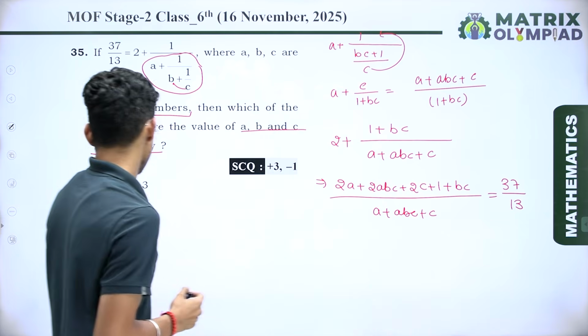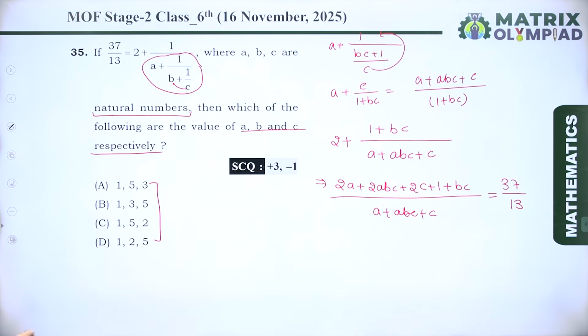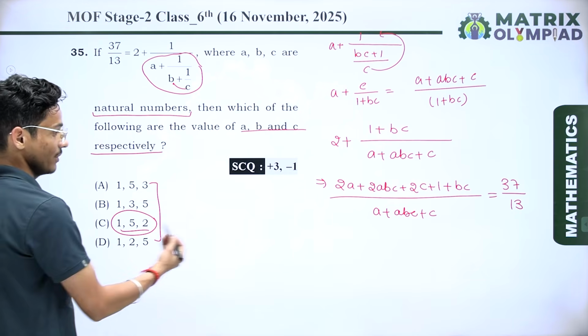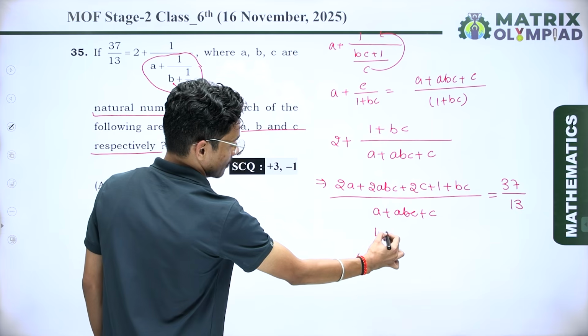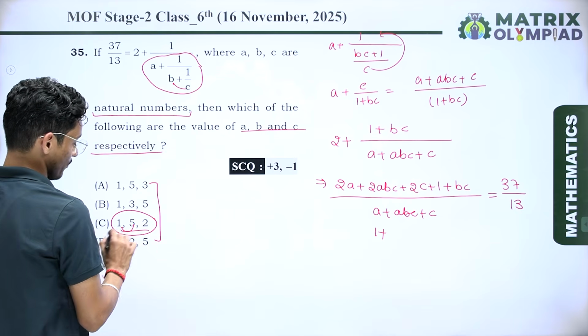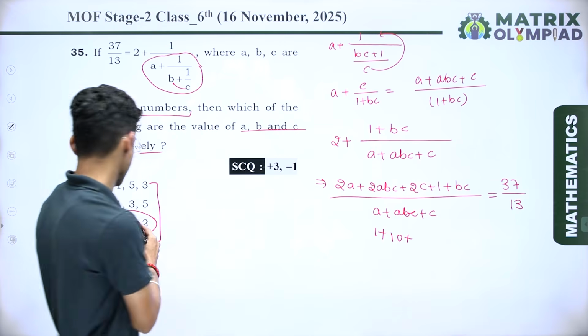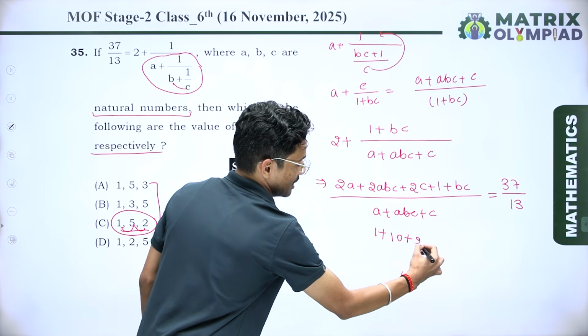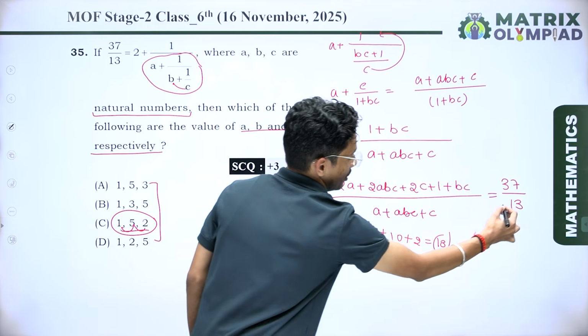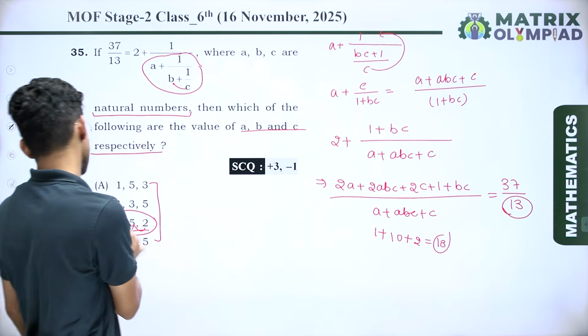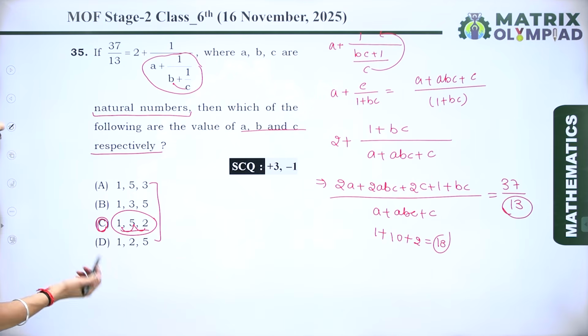According to the options, we can put the values of A, B and C. If I put the values of A, B and C as 1, 5 and 2 respectively, here we get 1 plus 5, 5 and 2 is 10, plus the value of C, which is 2. So here we get 13 in the denominator. So I can say that option number C is the correct answer over here.